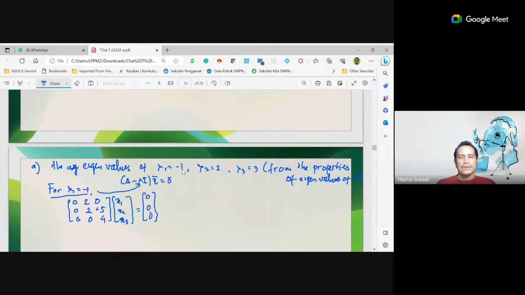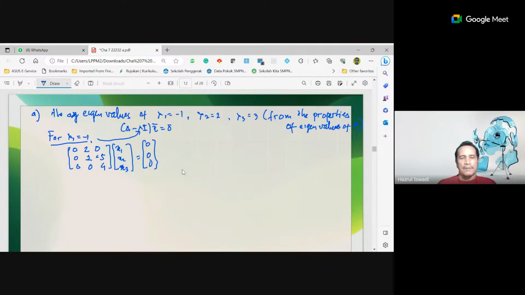So again, we have the problem to solve a homogeneous linear equation system like this.